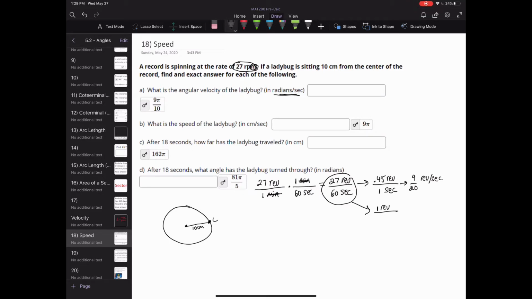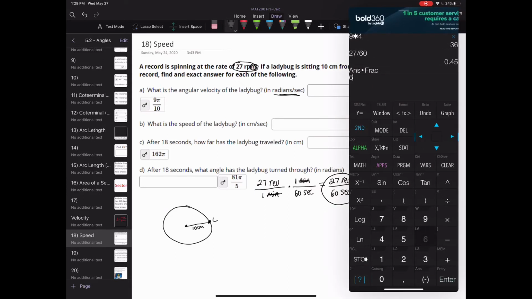So I'm just going to divide the bottom by 27. Because to go from 27 to 1, you have to divide by 27. So whatever you do to the numerator, you do to the denominator. Let's math enter that to get a fraction. 20 over 9.